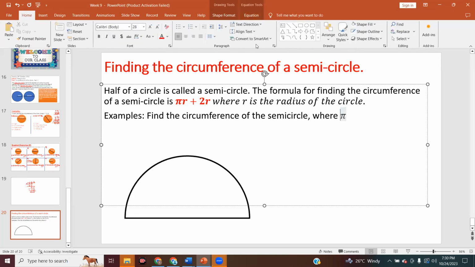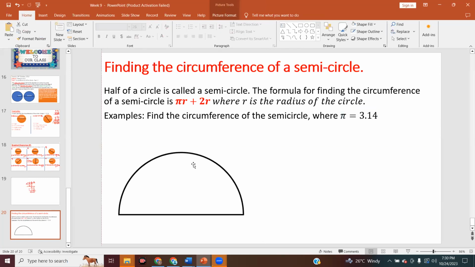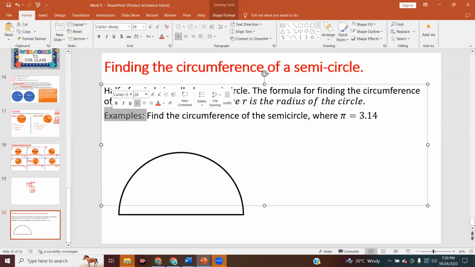So pi is equal to 3.14. We want to find, not the area, but the circumference of the semicircle.